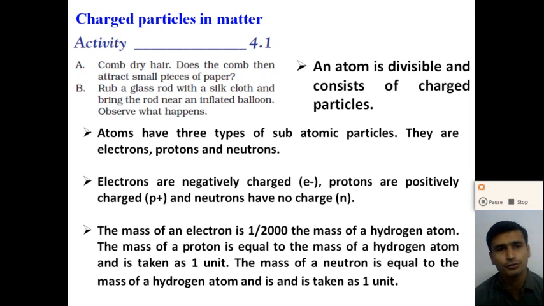Electricity is produced due to the friction, and this type of electricity is known as frictional electricity, right?